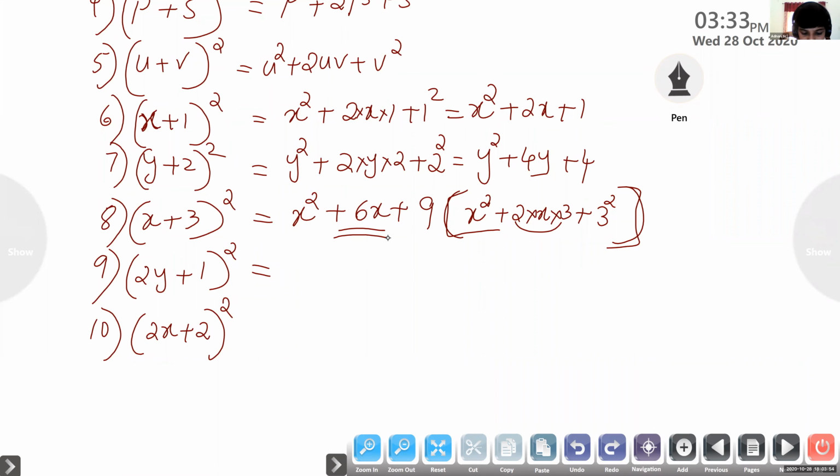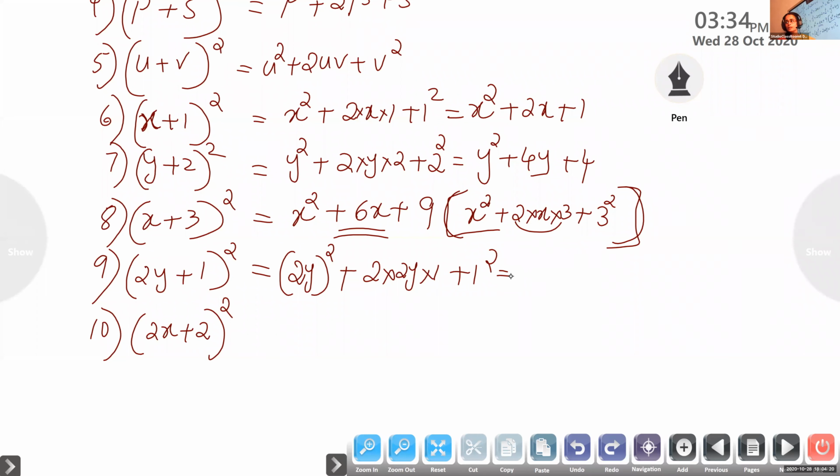Ma'am, ninth one, first term is 2y, so it is 2y the whole square, plus 2ab means 2 into 2y into 1. Ma'am, in that it's written 3 square? 3 square is what? 9.